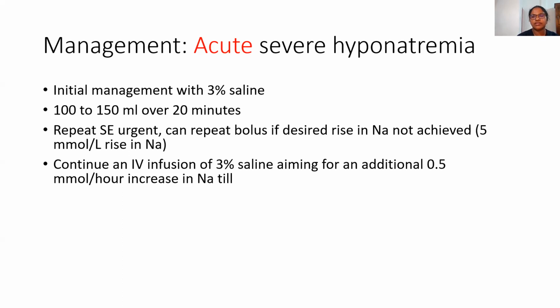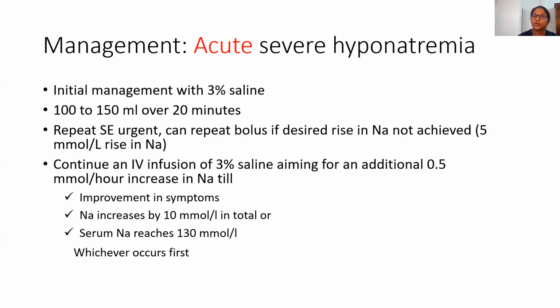Once your sodium has risen by more than 5, you can continue IV infusion of 3% saline, and your aim is to increase sodium by 0.5 millimoles per hour until there is improvement in symptoms. So your total sodium rises by 10 millimoles per liter, or your serum sodium reaches 130.